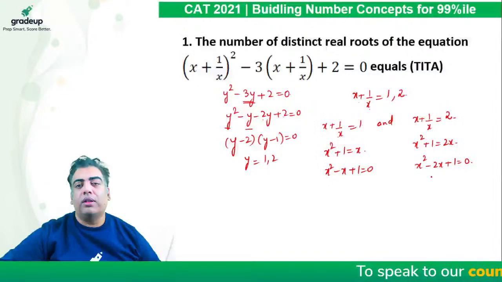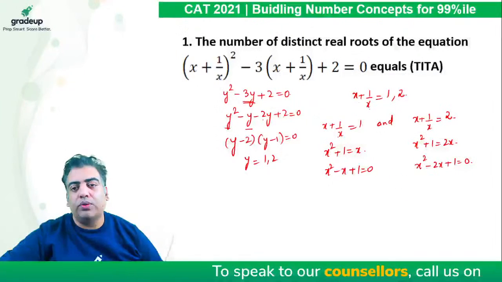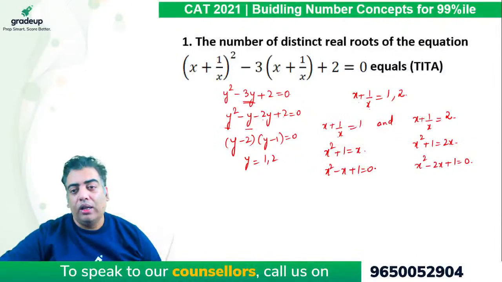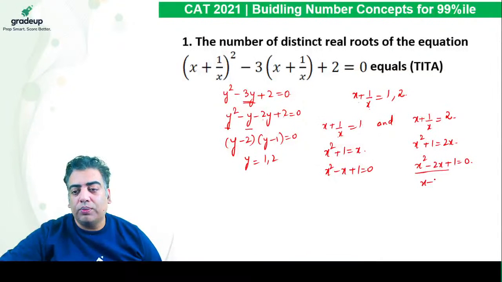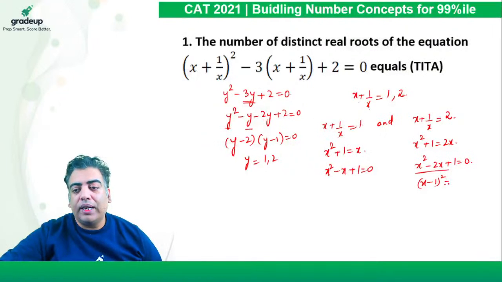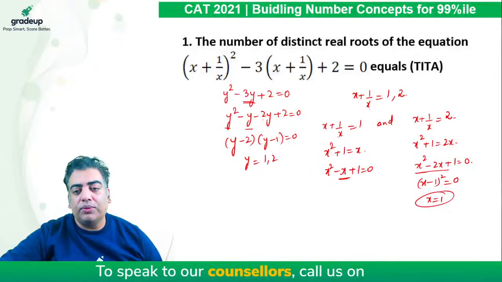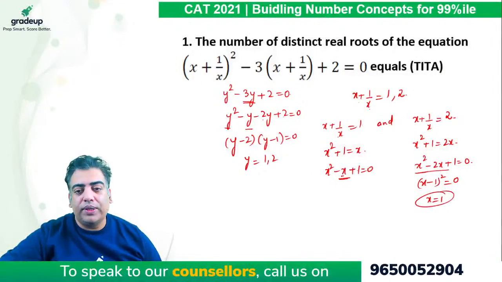Right, so we need to solve these set of equations to find the number of distinct real roots of the equation. In this case, it is a perfect square, which is x minus 1 whole square equals 0. So x comes out to be 1. In this case, the product is 1. So we need to break the middle term, which we cannot.